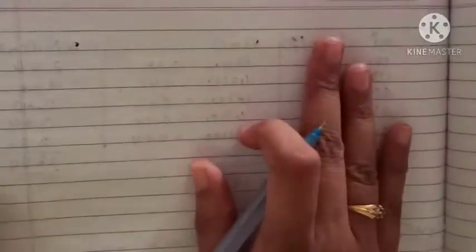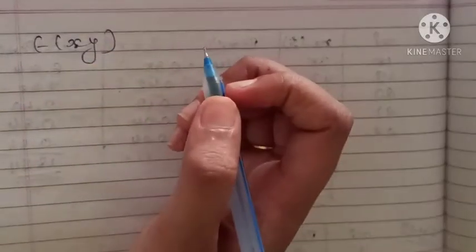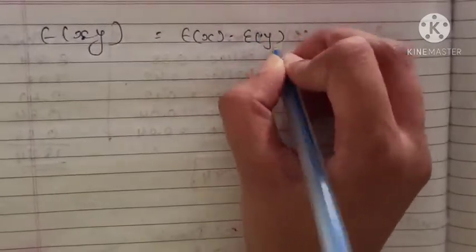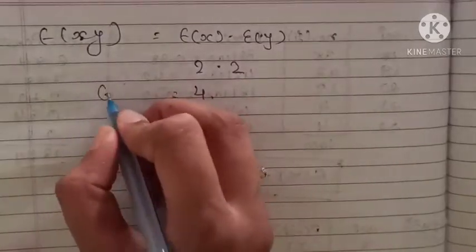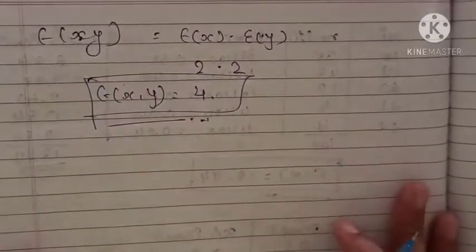Now the second thing, we have to find out E X into Y, E XY. So for the E XY we can write like this: E X into E Y, that is 2 into 2, that will come 4. So E XY is equal to 4.